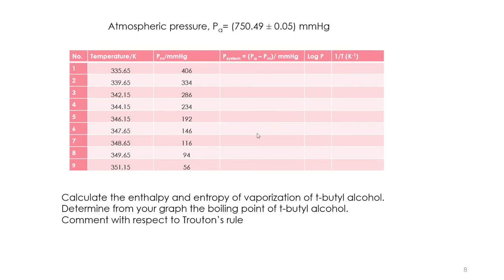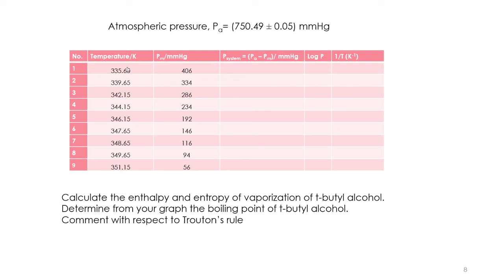Okay, so here is the data that is given. Let's take the atmospheric pressure to be 750.49 plus or minus 0.05 mmHg.